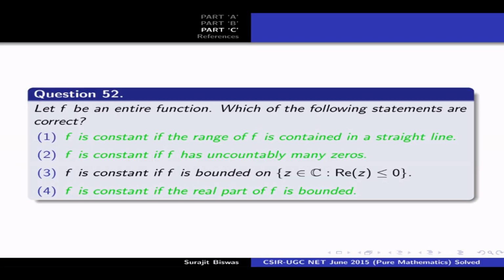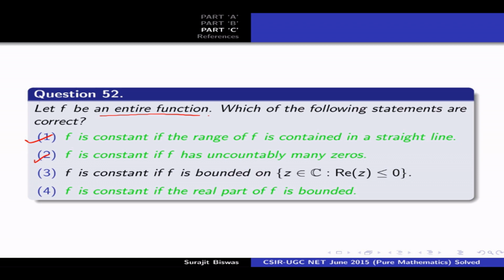Next problem. Let f be an entire function. Which of the following statements are correct? First option, f is constant if the range of f is contained in a straight line. So yes, it is correct. Second option, f is constant if f has uncountably many zeros.